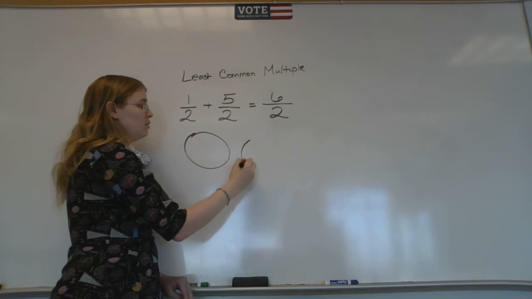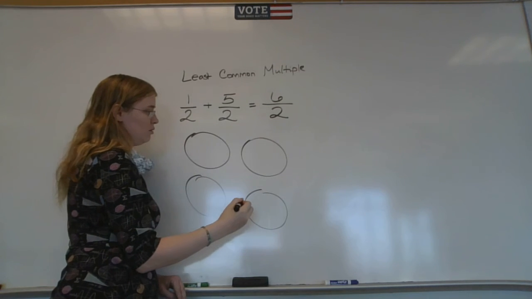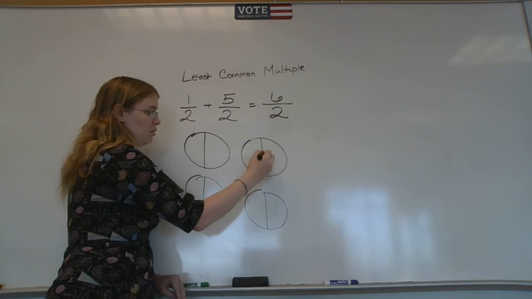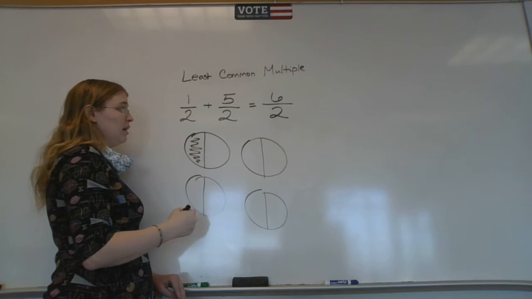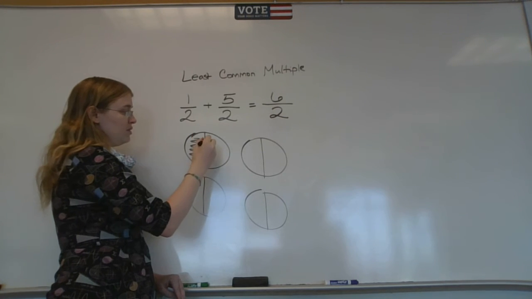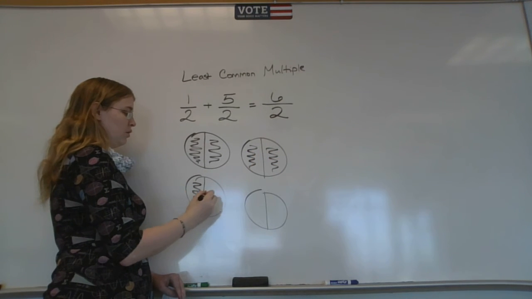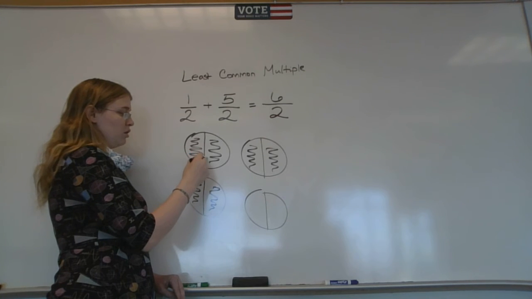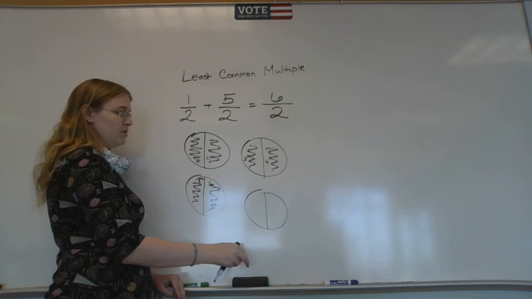Think of it, if you had 1/2 and then you added 5/2, so 1, 2, 3, 4, 5, what you'd end up with is 6/2, right?